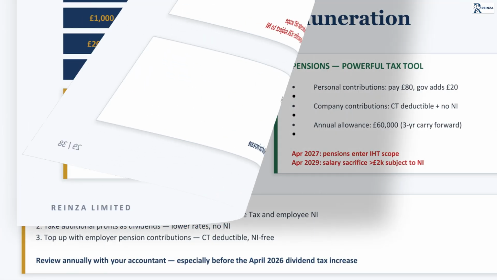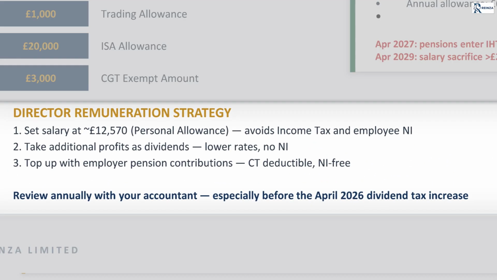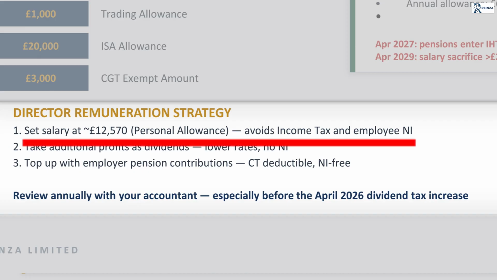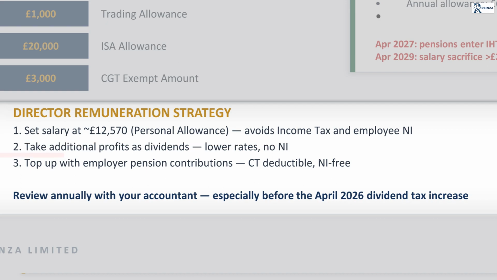Finally, the classic director remuneration strategy. Step 1. Set your salary at around £12,570, which is the personal allowance level. This avoids income tax and employee national insurance. Step 2.